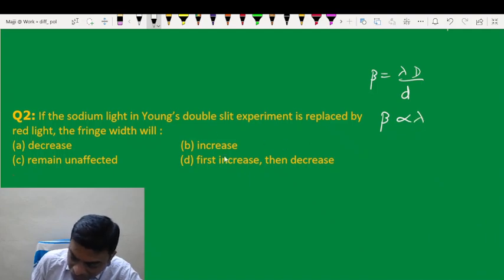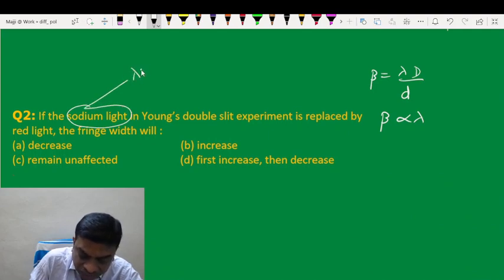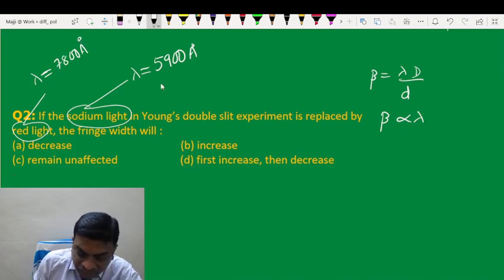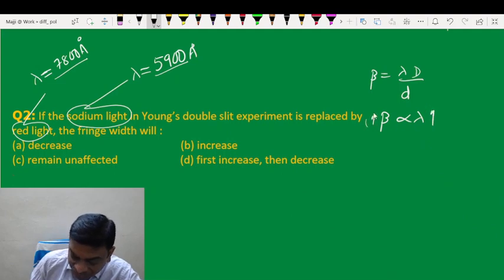Now, as you know, for sodium light the wavelength is roughly 5900 angstrom, whereas for red light the value of lambda is around 7800 angstrom. So basically, we have replaced less lambda with more lambda. So beta will increase because beta is proportional to lambda. If lambda is increased, beta will also increase. So the fringe width will increase.